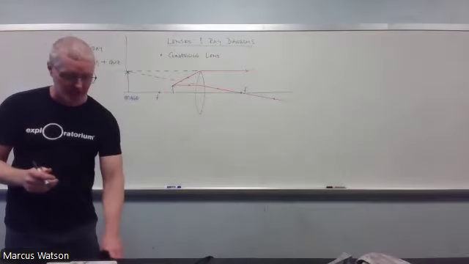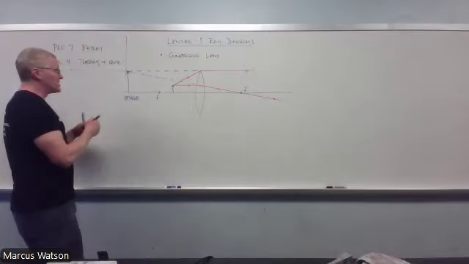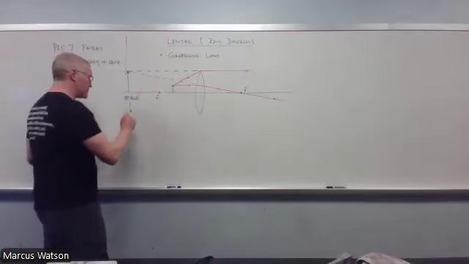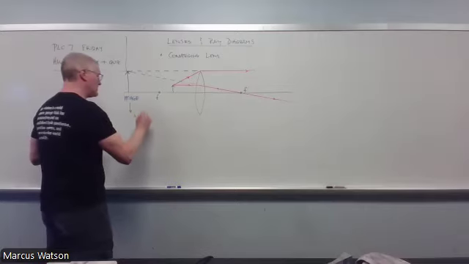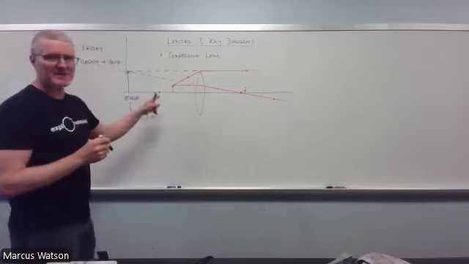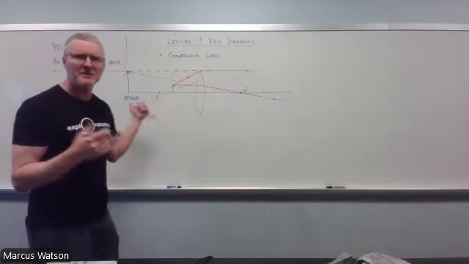And we can just take a quick look at the 4 questions. For this image, we had to trace these back. We know it's virtual. It is on the same side of the lens as the object, or perhaps you might think of it as on the opposite side of us.